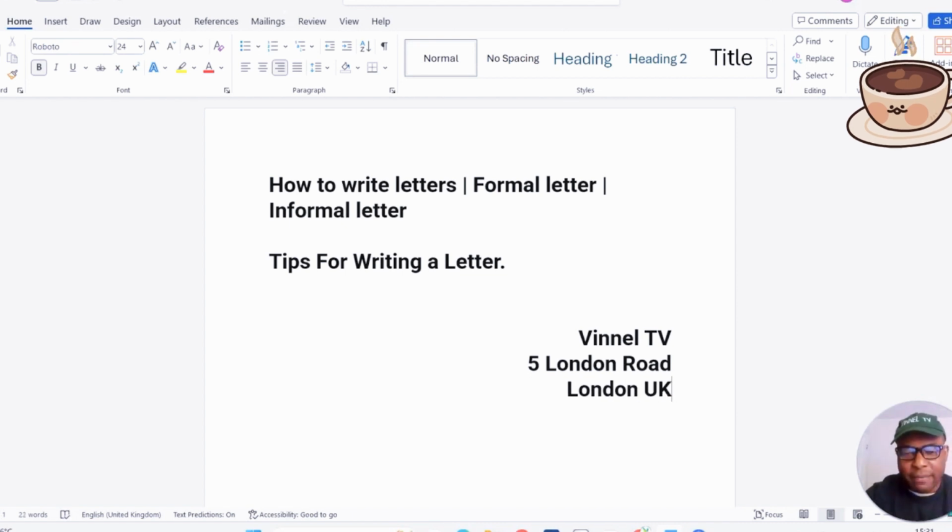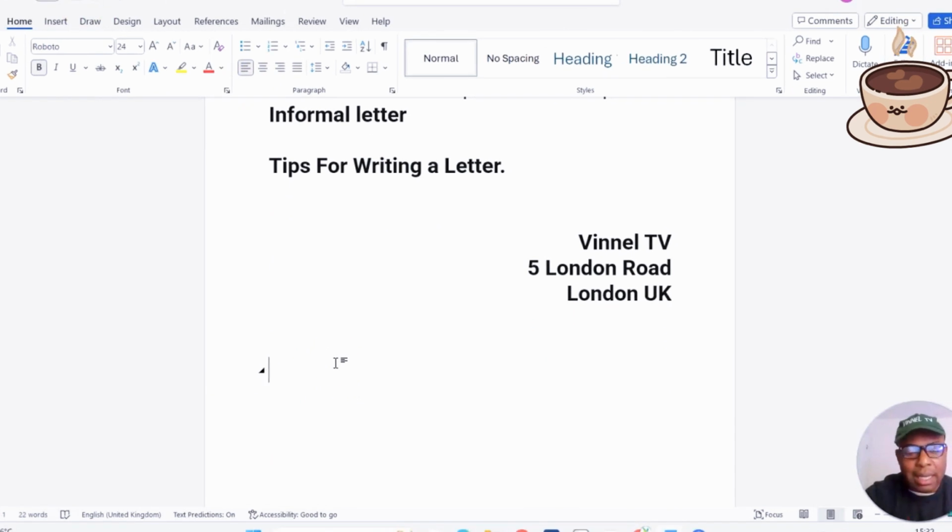So you put your postcode and everything, then give a gap again, then align to the left. Then you write the name of the person you are sending this letter to, Westminster Council.